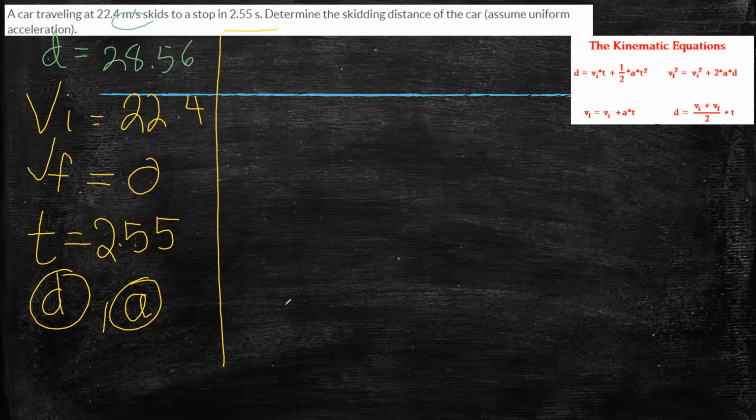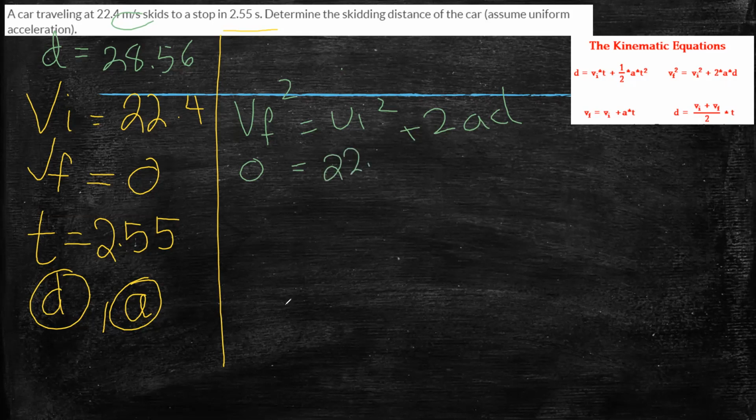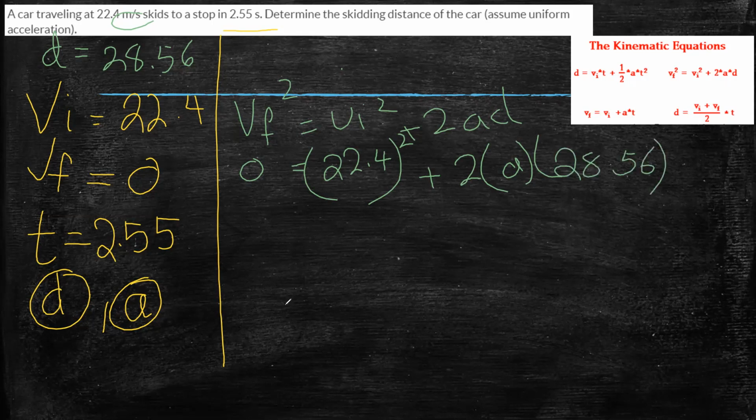V final squared is V initial squared plus 2AD. V final here is what? 0. V initial is 22.4 plus 2 times A. And D is what? 28.56. Is it right? Yes.